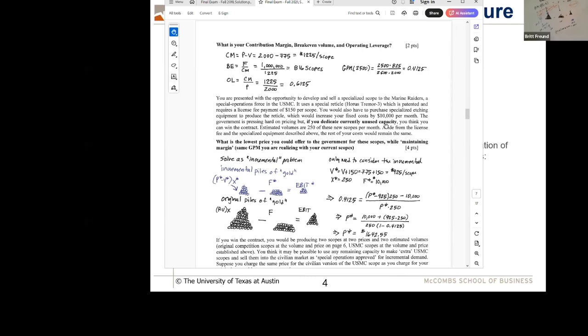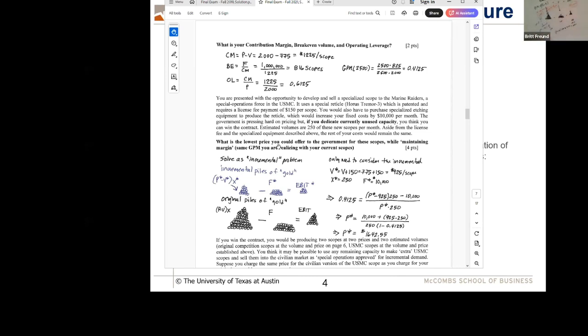And then the specification is I said, okay, what price would you have to charge to maintain the same gross profit margin you made before? Well, we know we made 41.25% before. So what price will we have to charge the Marine Corps to maintain that 41.25%? Does it matter this?